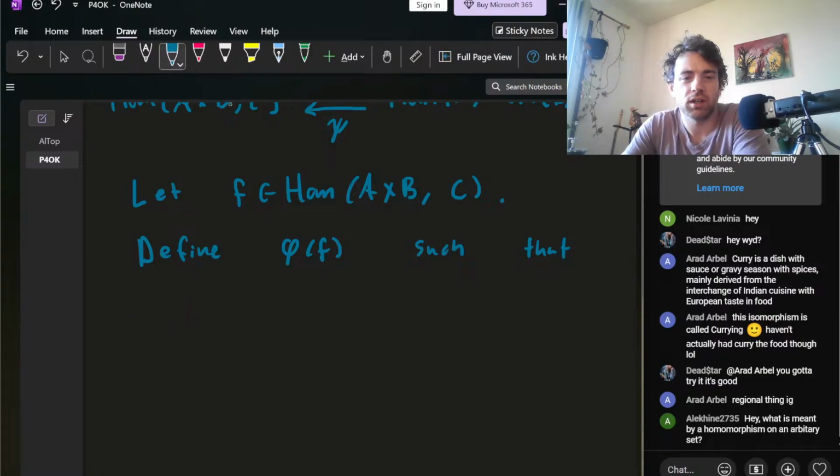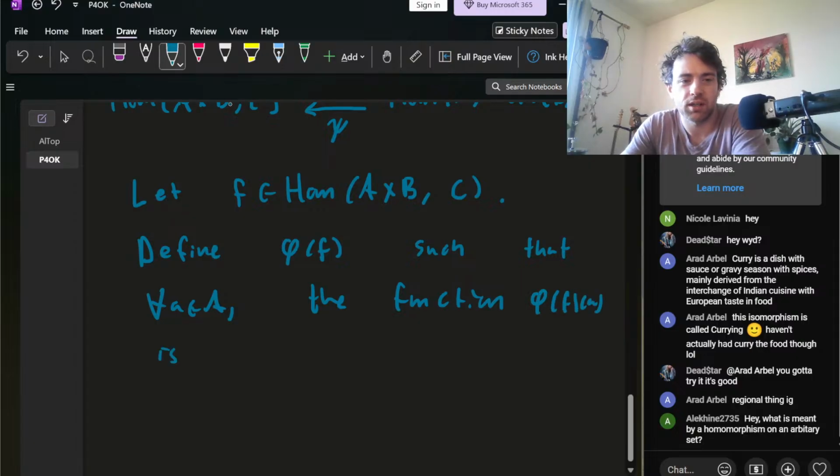So define such that for all a in A, the function phi f at a is given by phi f at a evaluated at b equal to f(a,b).